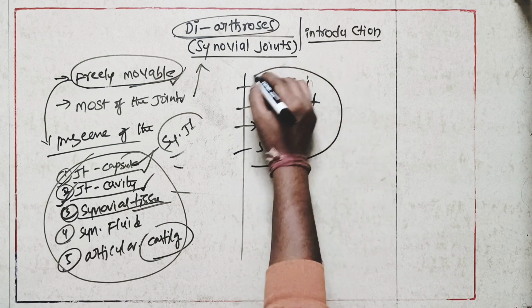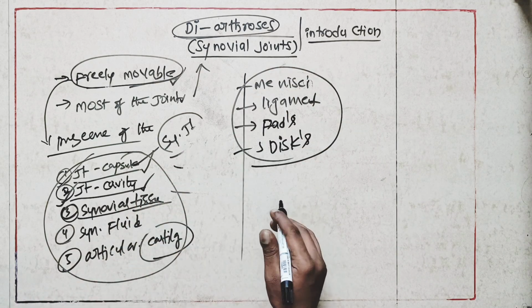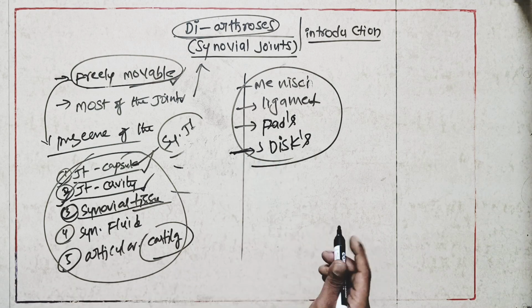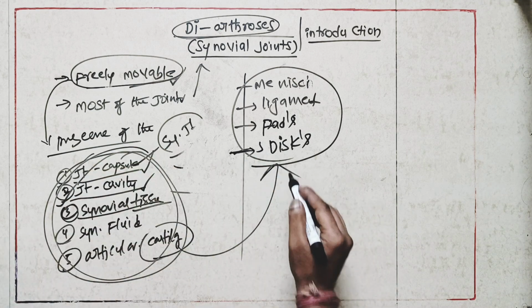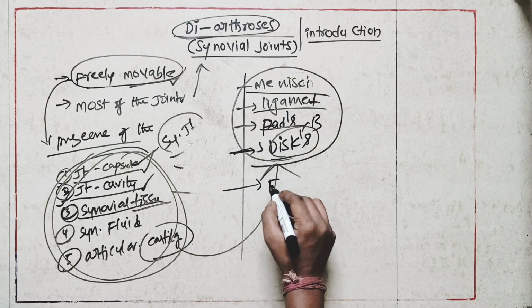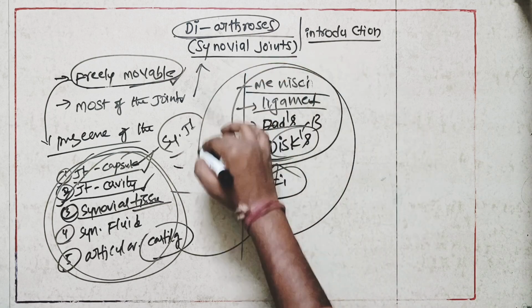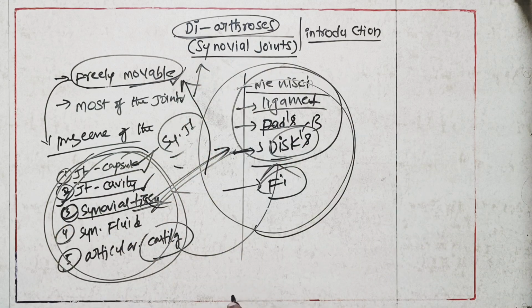So many structures will be there inside the joint, between the two bony structures. With the help of these structures, either menisci, ligaments, pads, discs, fibers, cartilage, whatever, all these things are going to make the synovial joints freely movable.